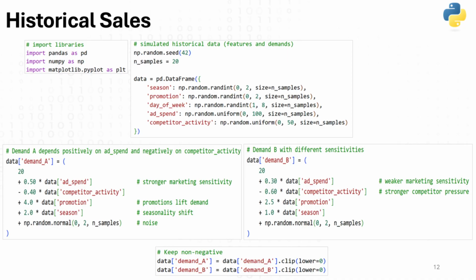Product B, however, is more sensitive to competitor pressure, meaning it loses more sales when rivals are active. We also include a small amount of noise to represent the unpredictability of the real world. Finally, at the bottom, we ensure that our demand numbers never fall below 0. This code allows us to create a realistic environment to test our optimization strategies.